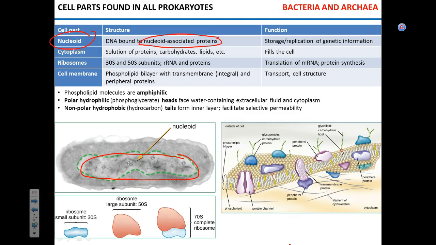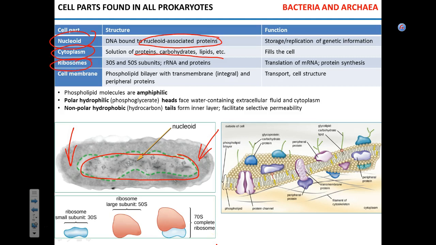Obviously, the function of DNA in that nucleoid is to store genetic information. Cytoplasm fills out the bacterial cell. It's basically a storage site for everything: proteins, carbohydrates, lipids.